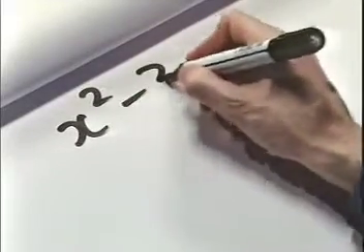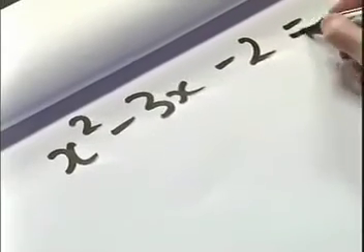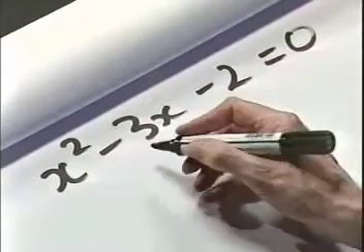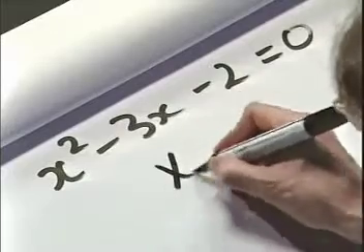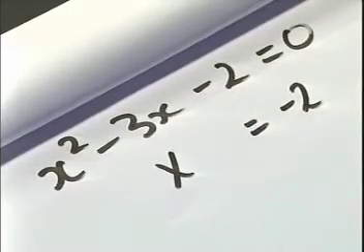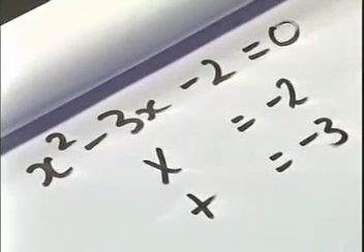X squared minus 3x minus 2 equals 0. We're looking for two numbers that will multiply together to give us minus 2, and will add together to give us minus 3.